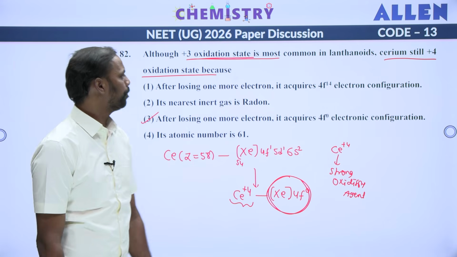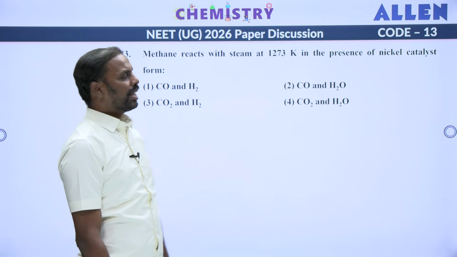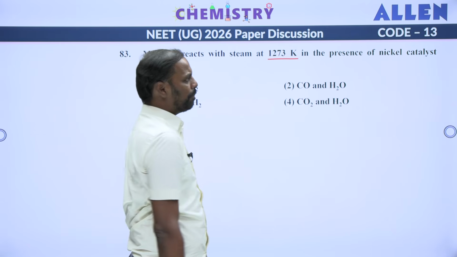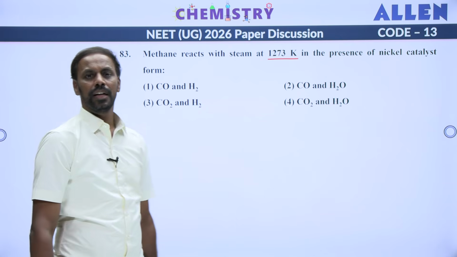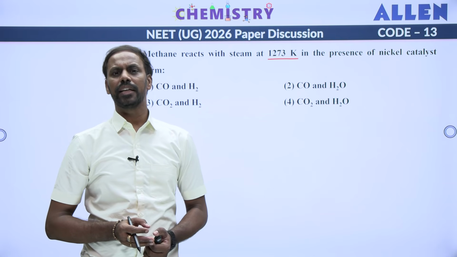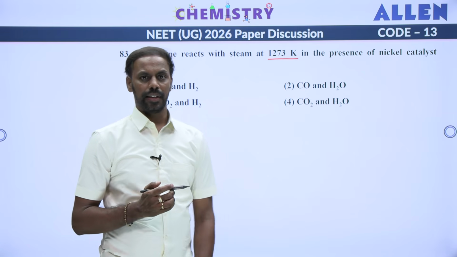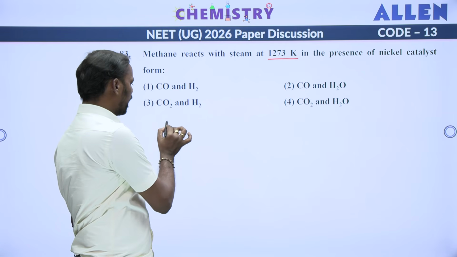Clear? Right. Next, methane reacts with steam at 1273 Kelvin in the presence of nickel as a catalyst. So this is a direct NCERT question, student. This is the chemical properties of alkanes. So what is being asked here?